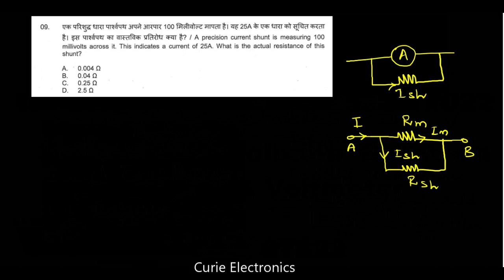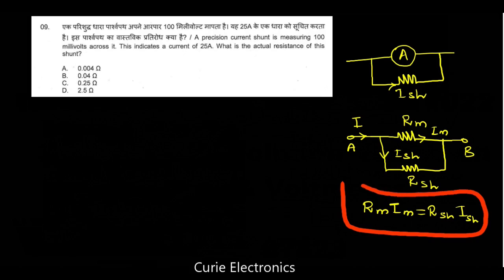So we get Rm multiplied by Im equals RSH multiplied by ISH. This equation you should remember, and you have to remember systematically how it has come.